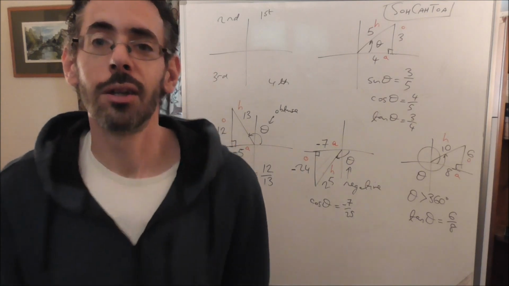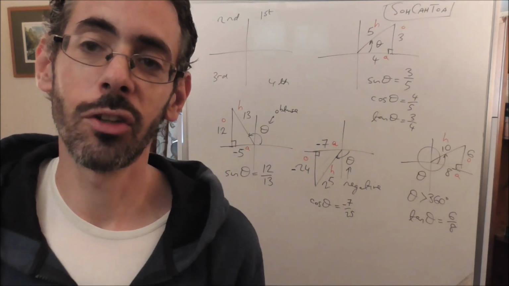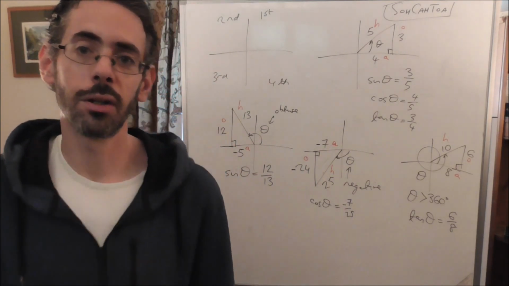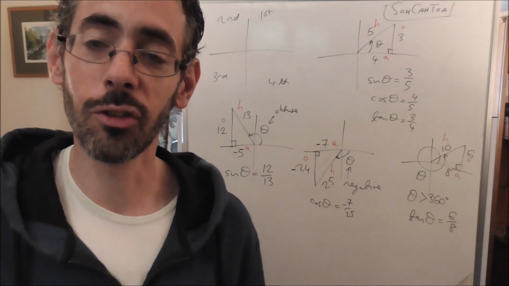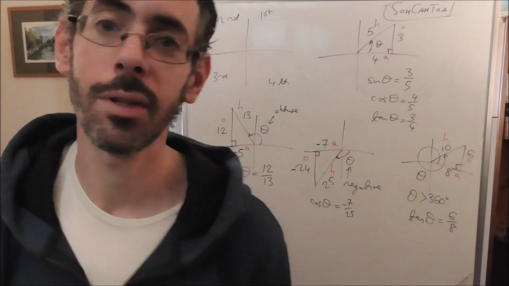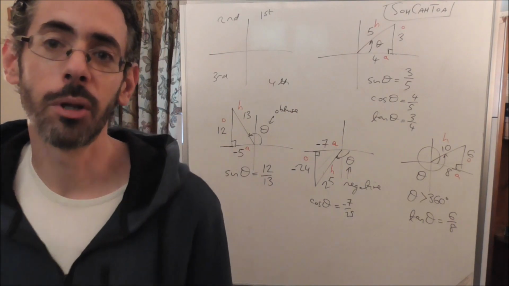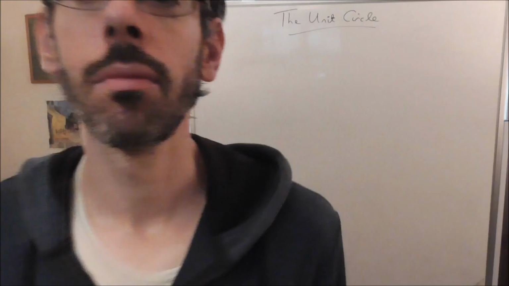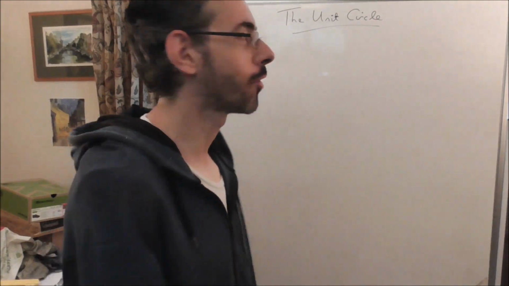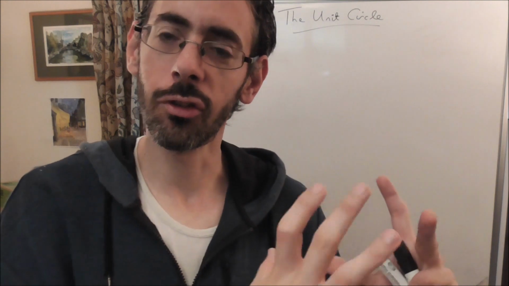So what I'm going to do now is show you a much easier way of picturing sine, cos or tan by drawing all these angles, all these triangles, inside a circle of radius 1, called the unit circle. Right, the unit circle. So this time I'm going to draw the angles inside circles.